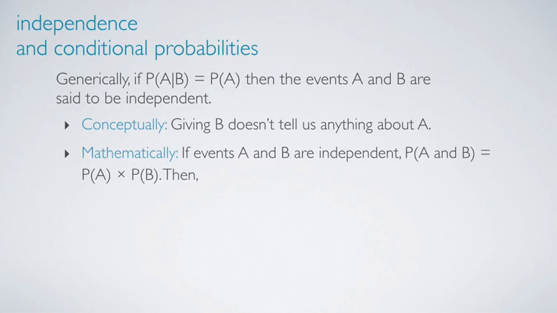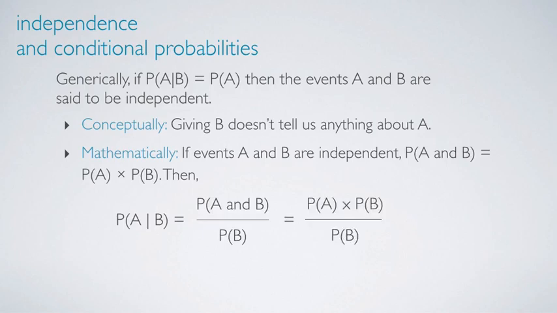Mathematically, we know that if events A and B are independent, then probability of A and B equals probability of A times probability of B. Then, we also know from Bayes' theorem that probability of A given B is probability of A and B divided by the probability of B. Remember, for a second, we're going to assume that A and B are independent, so the numerator can simply be replaced with probability of A times probability of B. The denominator stays the same.